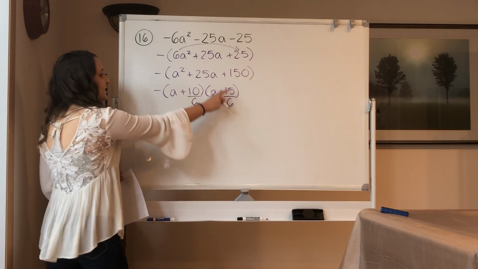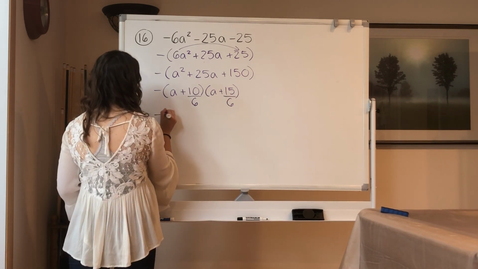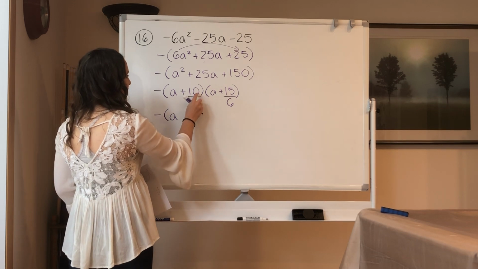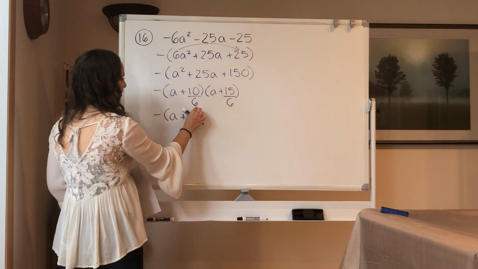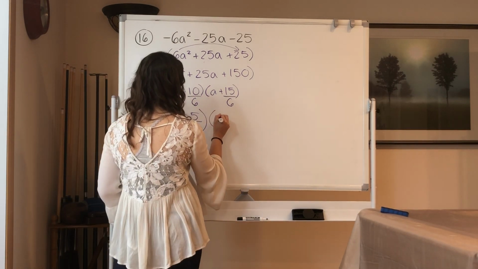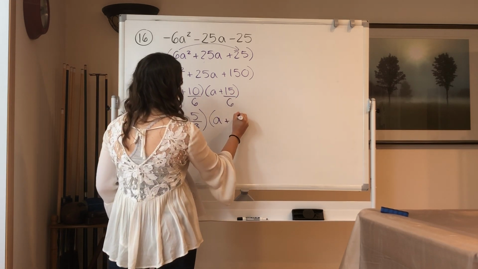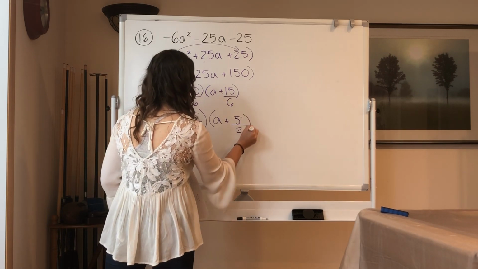I can reduce these fractions. Remember, if you can reduce them, you need to reduce them. 2 goes into both, so 10 divided by 2 is 5, and 6 divided by 2 is 3. For this one, 3 goes into both: 3 goes into the numerator 5 times, and the denominator 2 times.